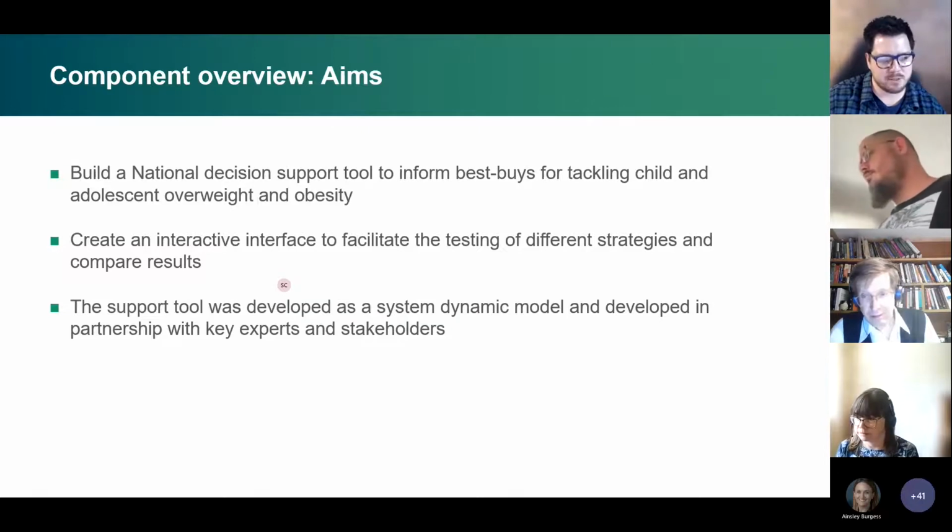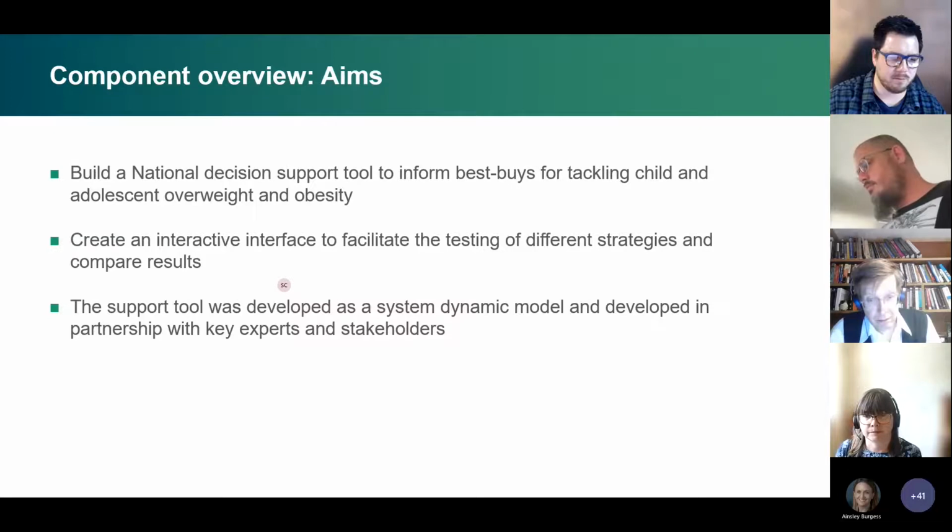And as mentioned, the support tool was developed as a system dynamic model, and we went through a participatory development process with the members that are here today to come along to workshops and help us understand a lot of the causal mechanisms that drive childhood obesity and how we can better develop the model.